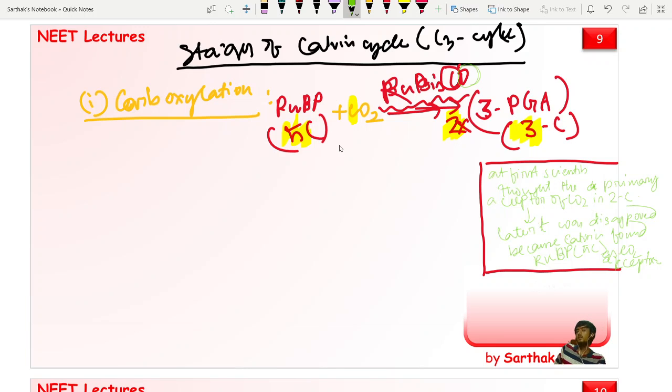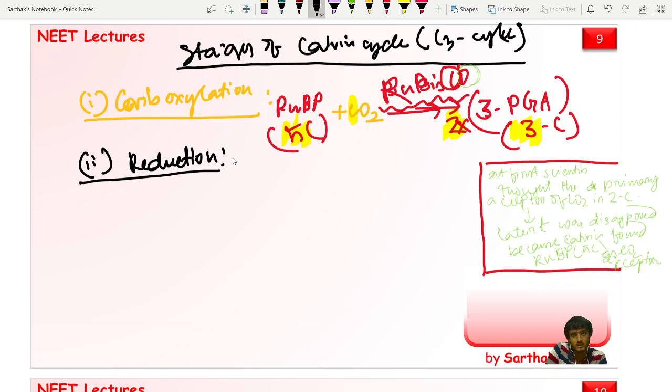But the tendency to bind with carbon dioxide here is more. Why? Because our atmosphere contains more oxygen and very little carbon dioxide, yet the enzyme binds mostly with carbon dioxide. So the affinity of this enzyme to carbon dioxide is very high. The first step is carboxylation, the second step is reduction.